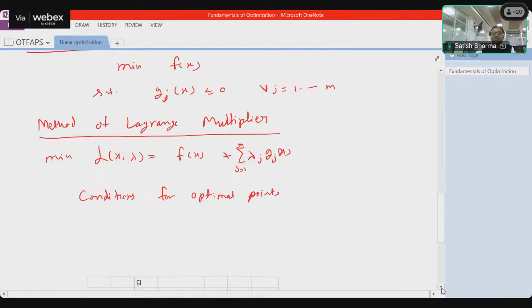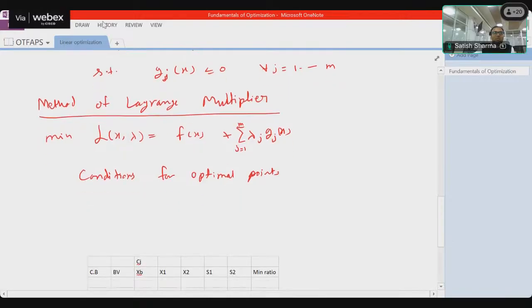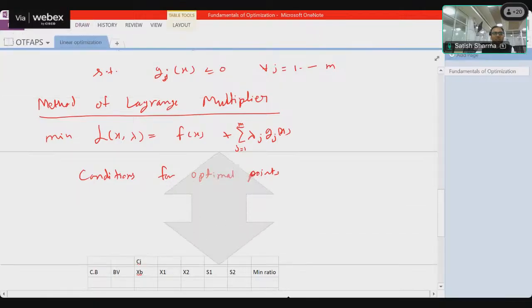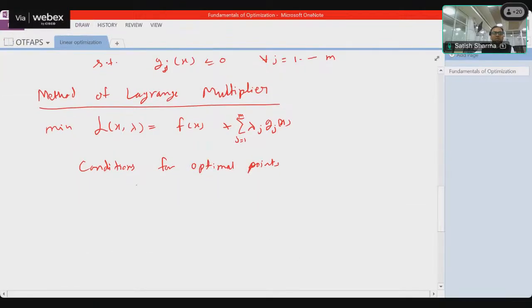We discussed earlier that the slope should be 0. To make the slope equal to 0, we again take the first order derivative. So I take delta L upon delta x equals 0, and delta L upon delta lambda equals 0. These are the two conditions.